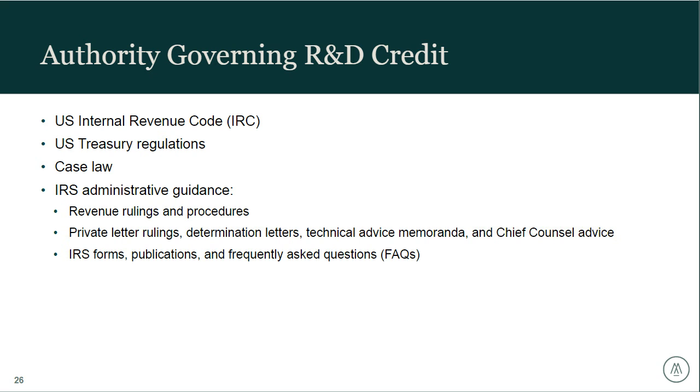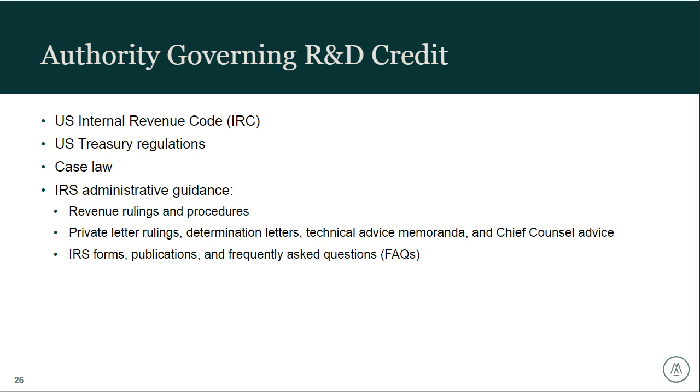We start off with the Internal Revenue Code itself, the tax code. Then we have Treasury regulations, case law, and then IRS administrative guidance. And the second to last bullet here, you'll see chief counsel advice.